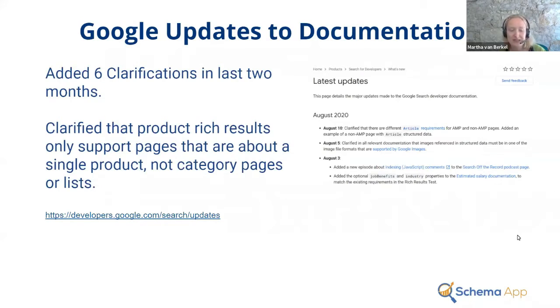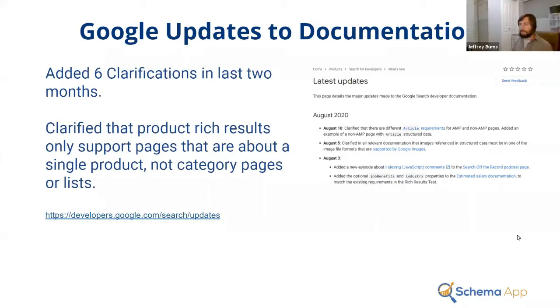One of the ones that I wanted to highlight that they clarified was around product-rich results only supporting pages that are about a single product versus a category page or list. Jeff, again, you work with a lot of our e-commerce customers. Do you want to talk about the difference between those detailed product pages and more lists?